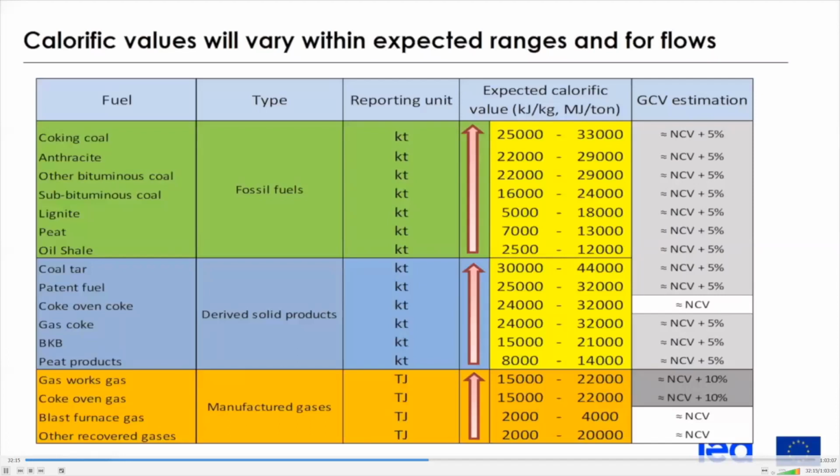So, for example, for coking coal, we expect it between 25,000 and 33,000 kilojoules per kilogram. And also, depending on the product, we would expect the variation between the NCV and the GCV to be around 5 or 10%. This slide is available, so please don't hesitate to refer to it if you have doubts on the value you obtained for a specific product that you would encounter.